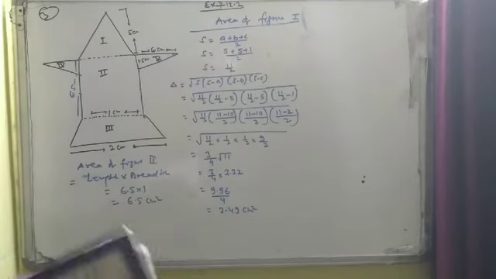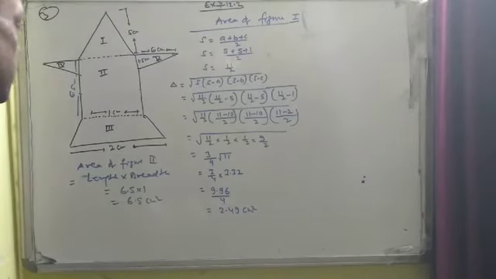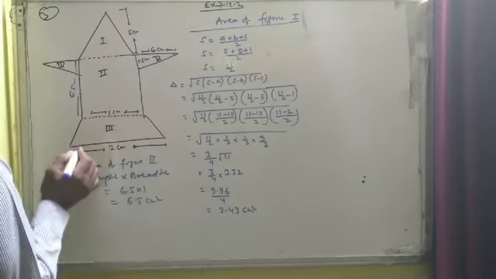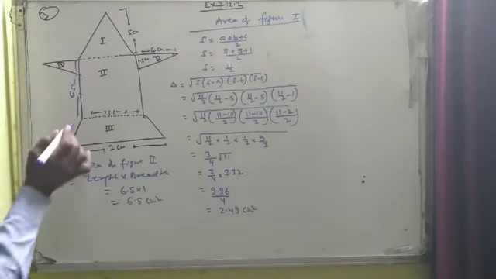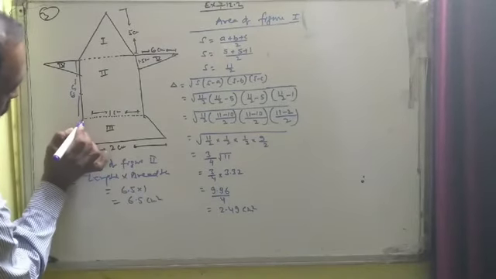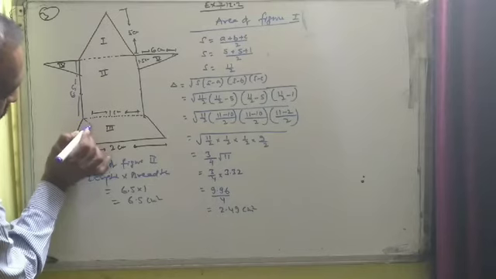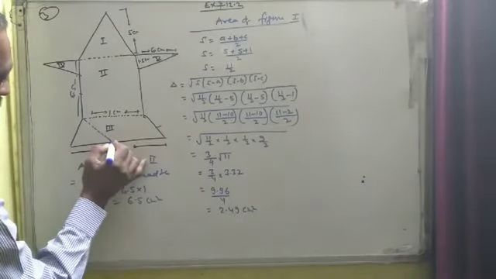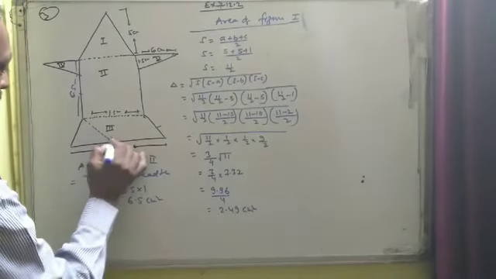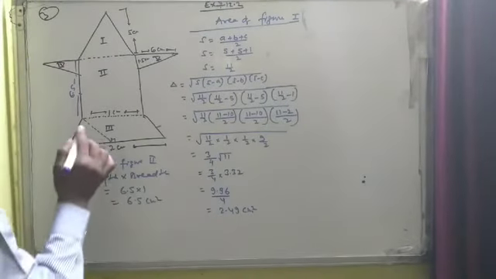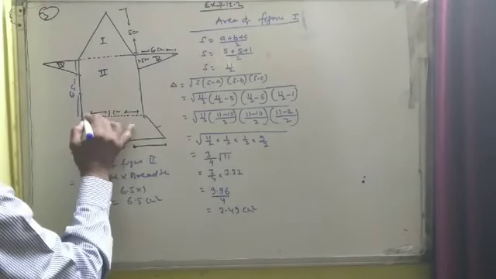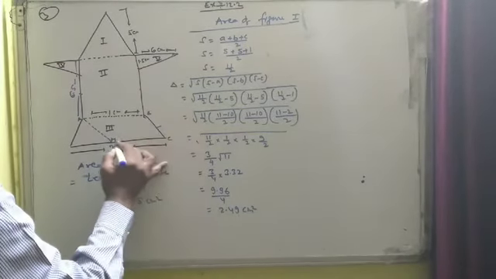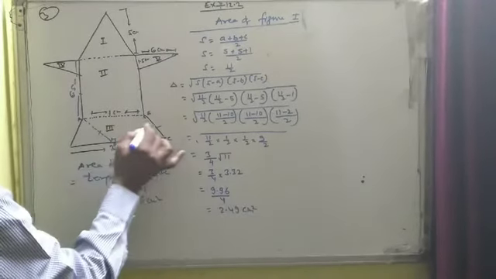Let us have the figure number 3, which is a little bit complicated. To get the area of figure number 3, various methods are there, but whatever the method we are going to adopt here will be like this. We have to draw a line which is parallel to this one. Let us have a point here, and in doing so, this figure will obviously be a parallelogram, because we have drawn this line parallel to this.